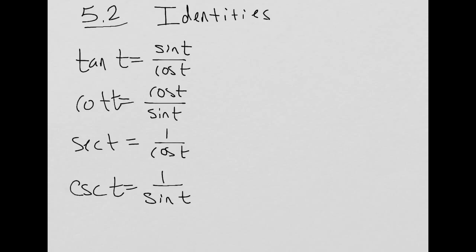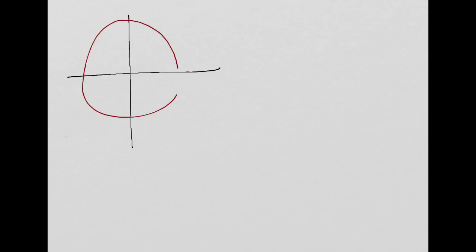And they start with this picture. So if I look at, as per the usual, my unit circle, and I take a point on my unit circle, and I'm going to draw a triangle.